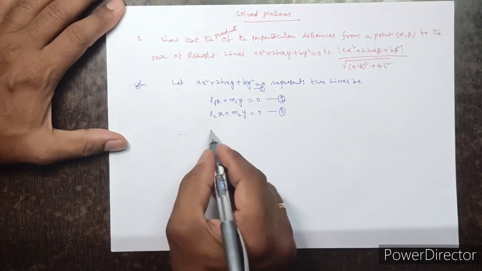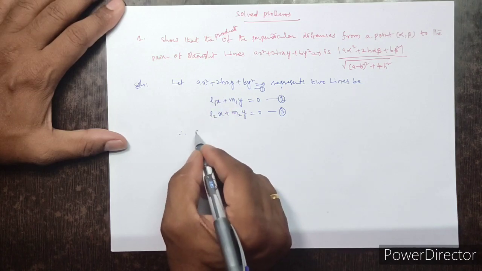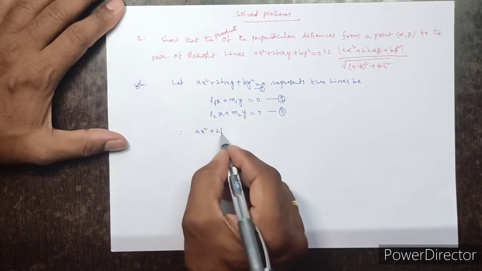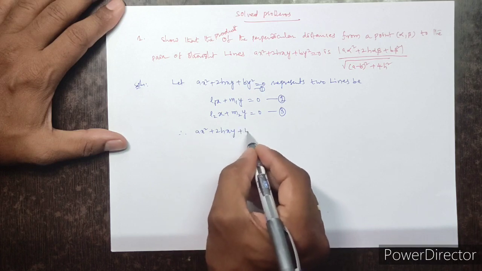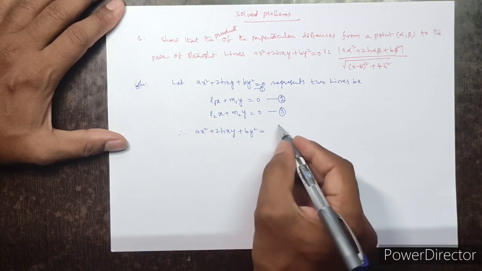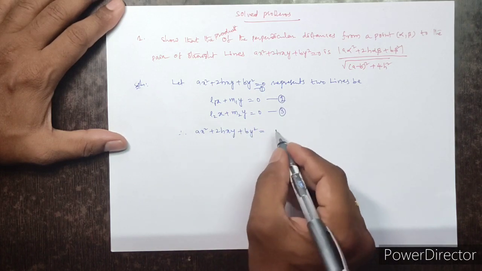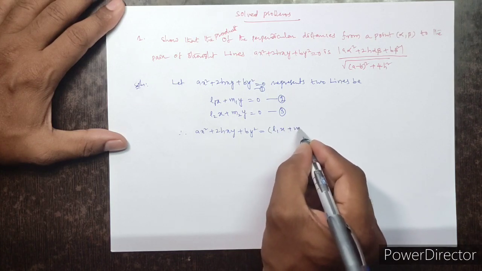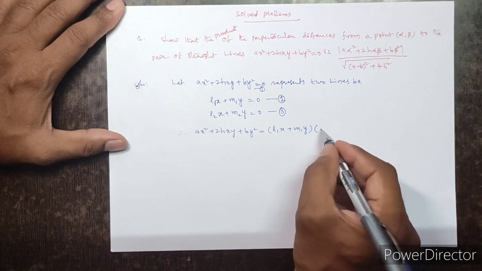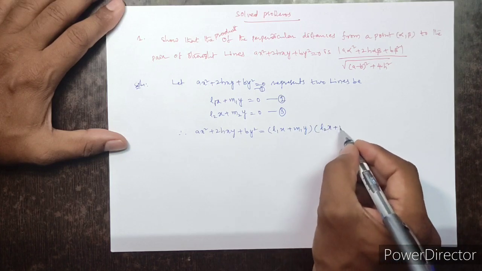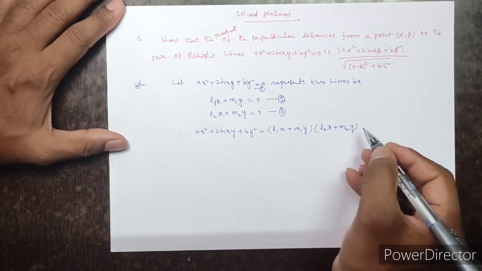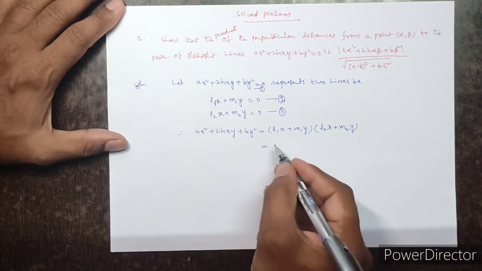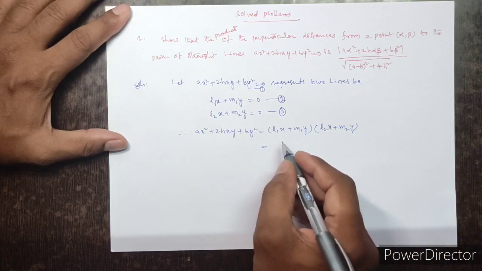Therefore ax square plus 2hxy can be written as the product of these two lines, L1x plus M1y into L2x plus M2y. Already we have seen this implication in previous classes.